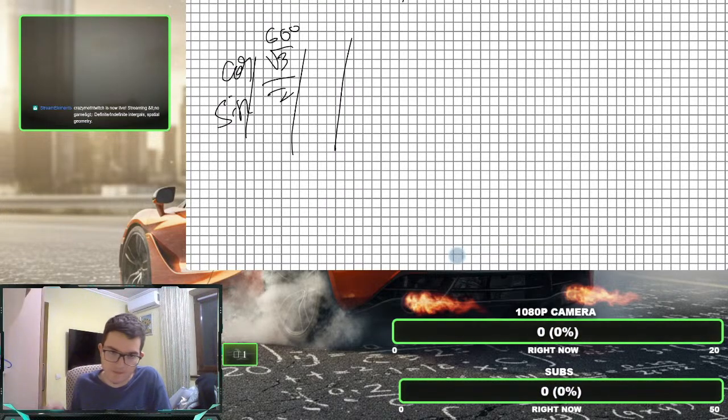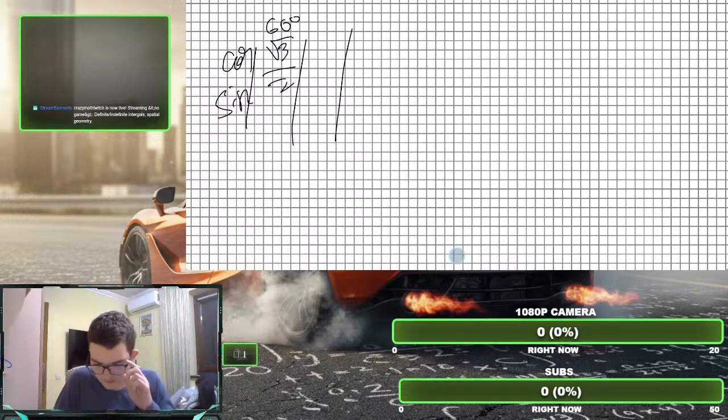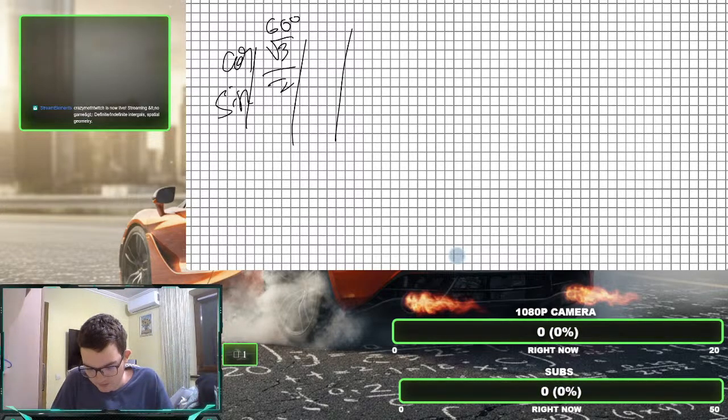Yeah, so perhaps let's go like this. Start with a 45, 45, 90 triangle. Isosceles right triangle. Take a right triangle with legs 1. Okay, so sine 45 degrees is 1 divided by square root of 2.